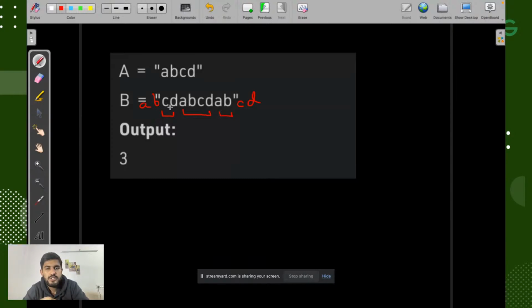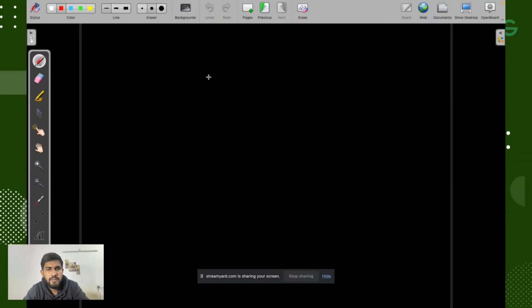So this B is a part of A repeated three times. The first way to solve this is observing how A is being made. Let us understand this. Either A can be made like this, or A can be made like this.